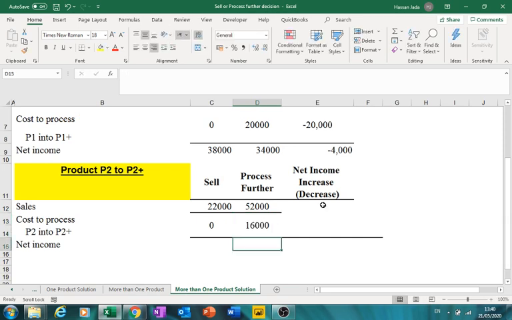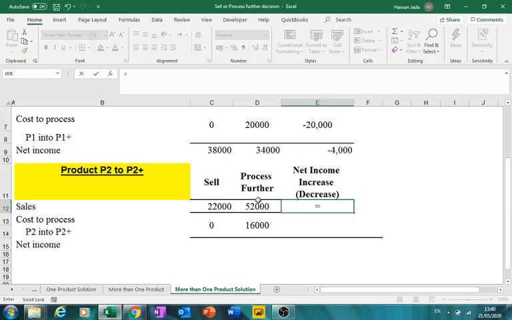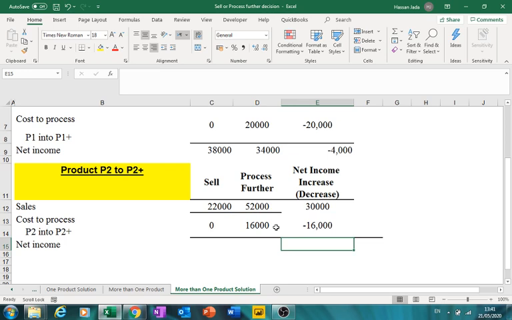And the result is an increase in revenue by 20,000. If we process P2 and it becomes P2 plus, we will have an increase in revenue, and here we have an increase in cost by 16,000, which results in a decrease in net income by 16,000.